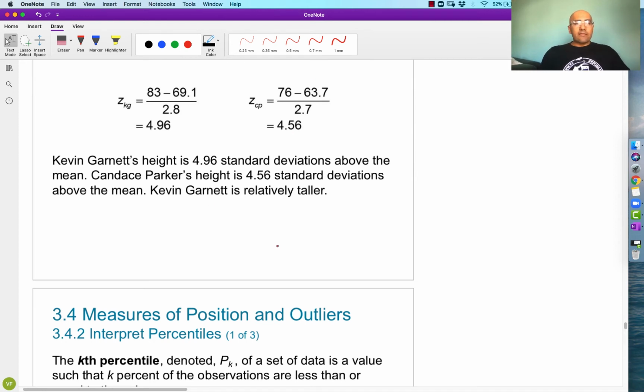So Kevin Garnett's height is 4.96 standard deviations above the mean, to the right of the mean. Candace Parker is 4.56 standard deviations above the mean, to the right of the mean. Therefore, Kevin Garnett is relatively taller. Kevin Garnett's z-score is a little bit larger. Therefore, he's a more rare find within his own distribution.